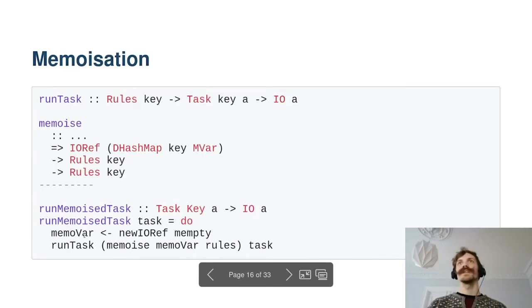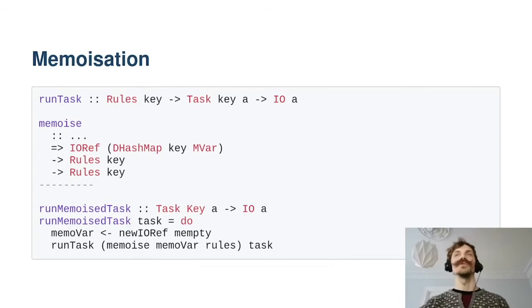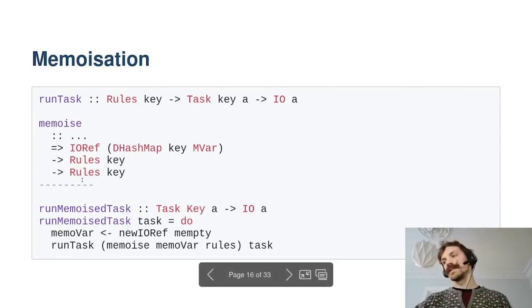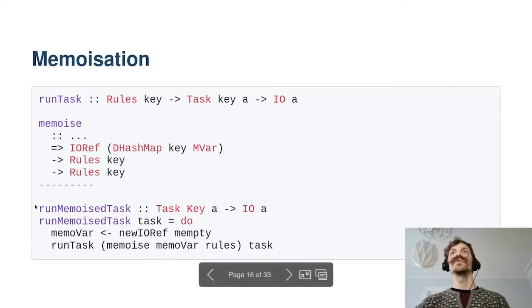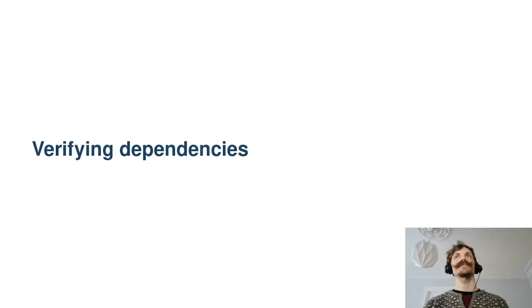It takes a rule system and gives you a new rule system where each of the queries is performed at most once in each run of the compiler. And then we can make a new run function that, given a task, performs it by layering this memoization function on top of our rules and then running the task. So that's the run memoize task function.